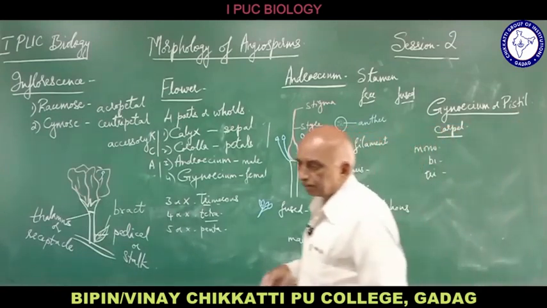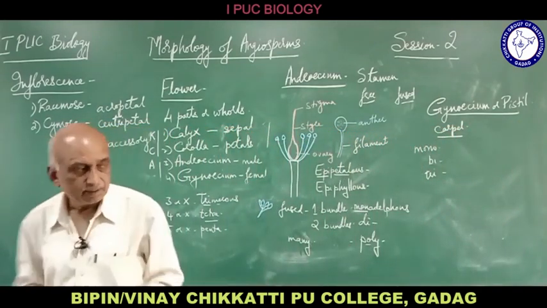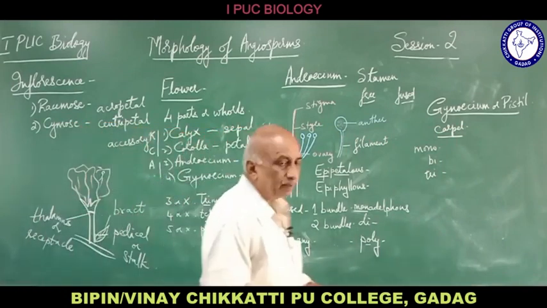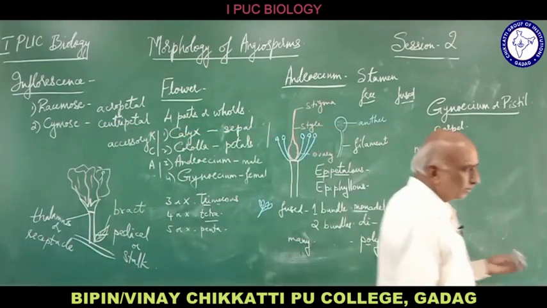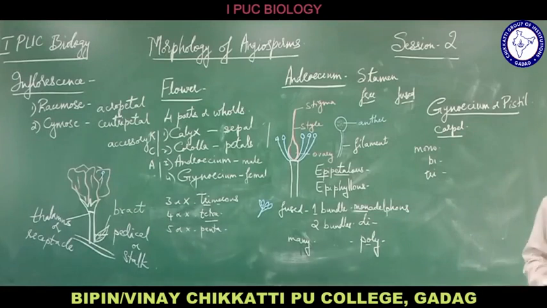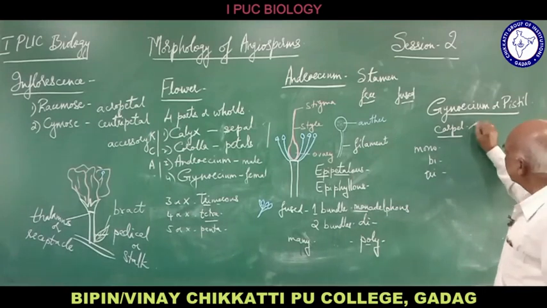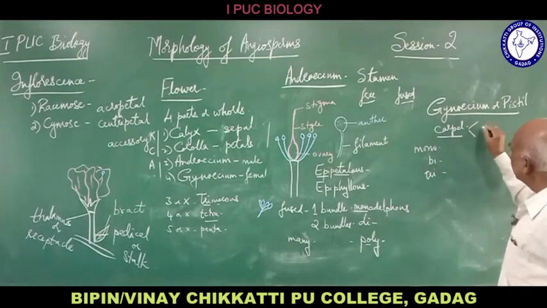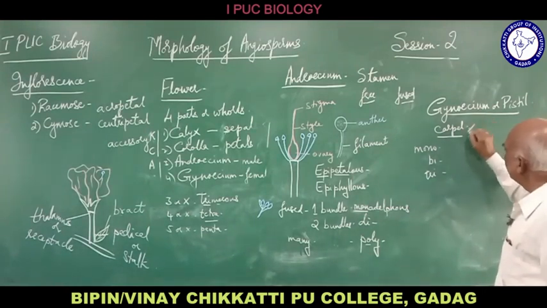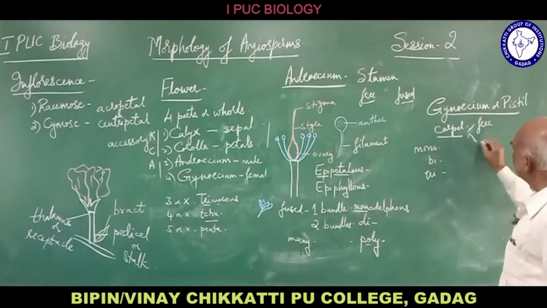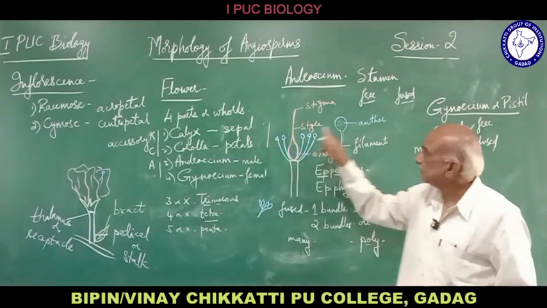When there are many carpels, it is polycarpellary. So tricarpellary, tetracarpellary, pentacarpellary. When there are many carpels, there may be 8, 10 or more, so polycarpellary gynoecium. Now these carpels may be fused or free, same as we have been referring for sepals, petals and stamens.